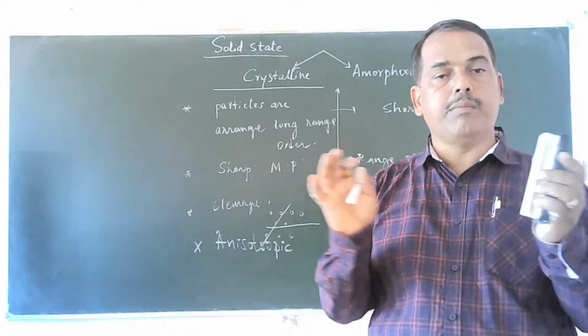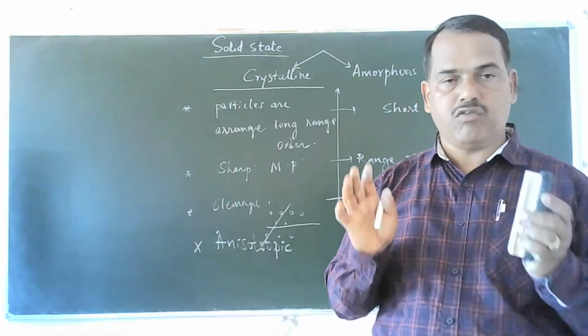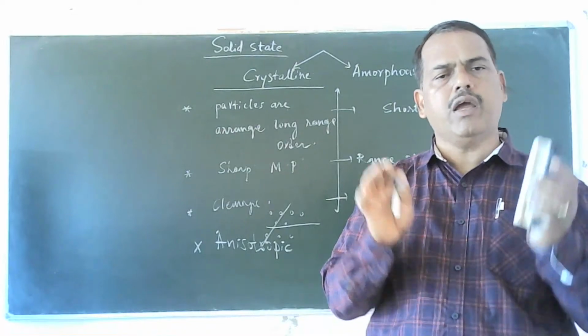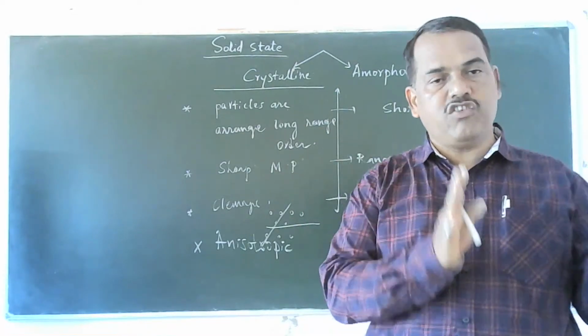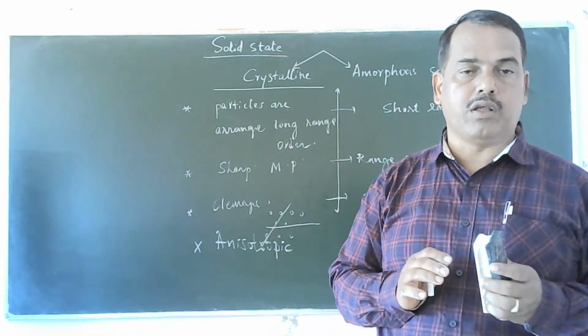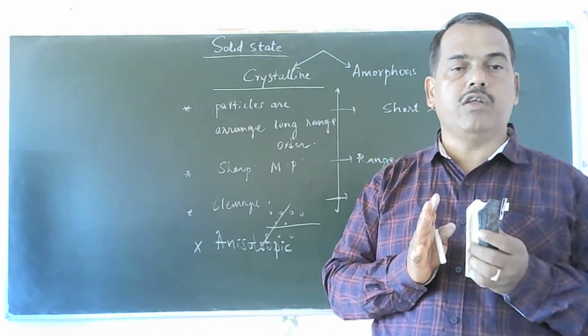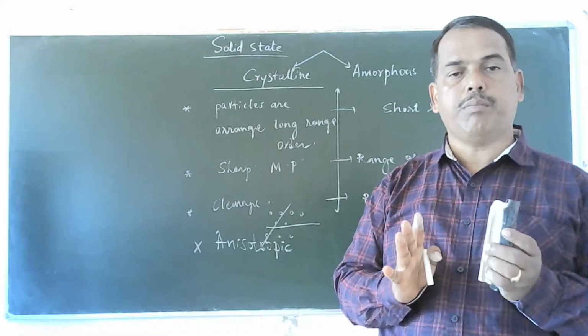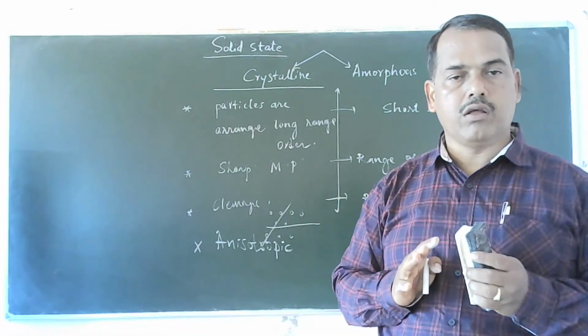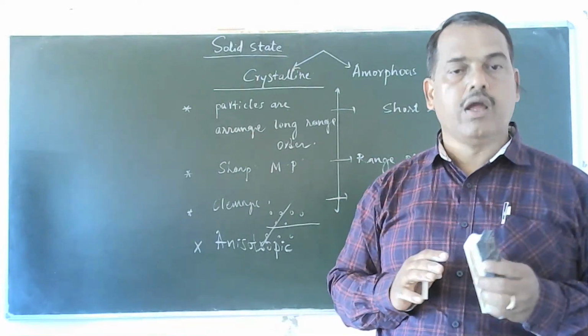Crystalline solids have a sharp melting point. As we increase the temperature, they melt at a particular temperature. And go for the cleavage property. When these crystalline solids are cut, it gives a sharp cut.